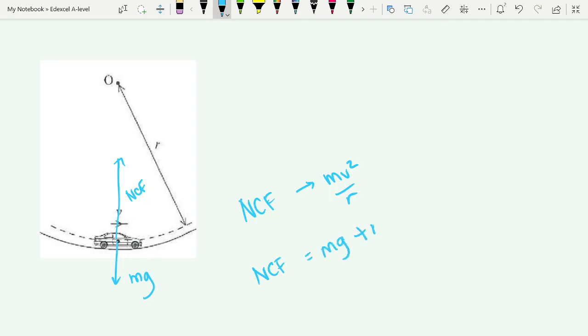Then it's also got to provide the centripetal force. So if you drove into a dip like this, you would feel the chair of your car pushing on you, because that push that you feel from a chair is the normal contact force. And that has got to increase to keep you in the circle so you feel the chair pushing.